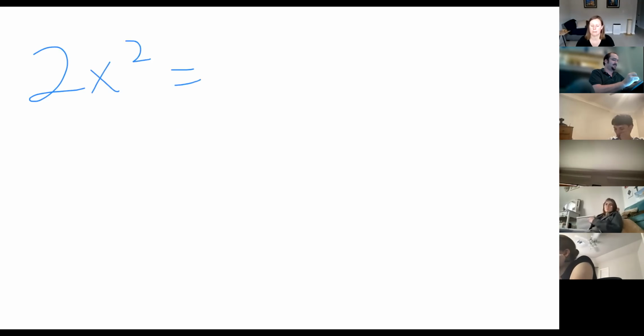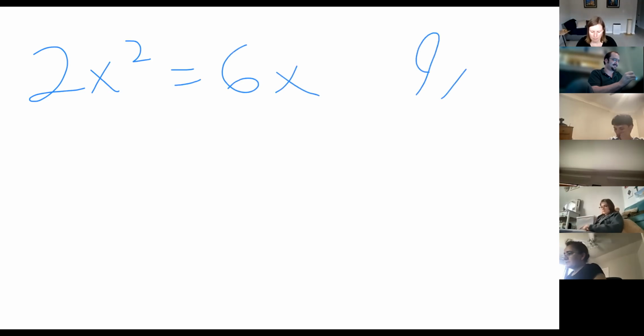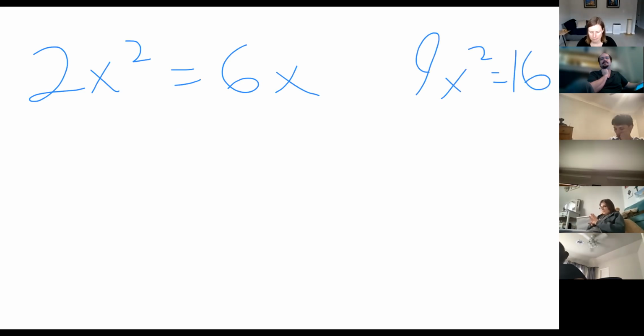We will have one that looks like 2x squared equals 6x, and the other one is 9x squared equals 16. One of them is prime, another one is 9x squared minus 6x plus 16.